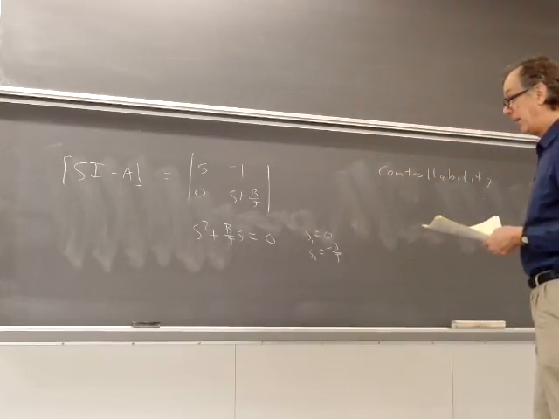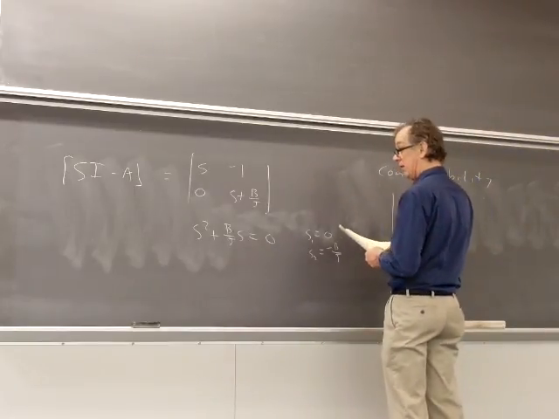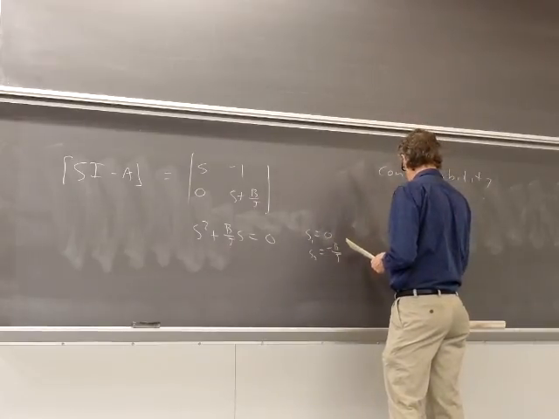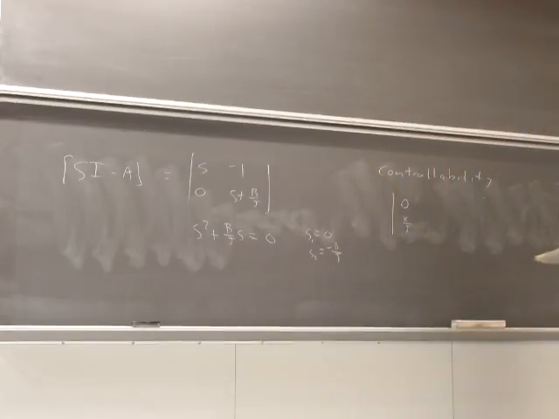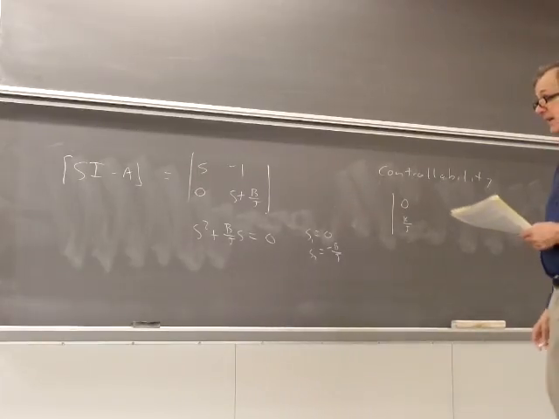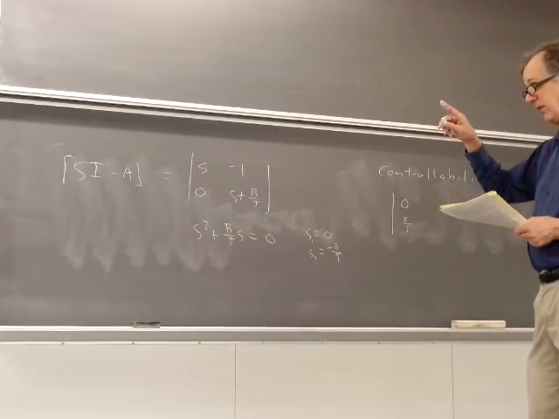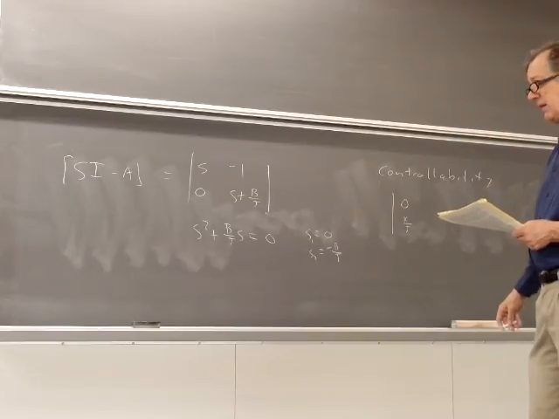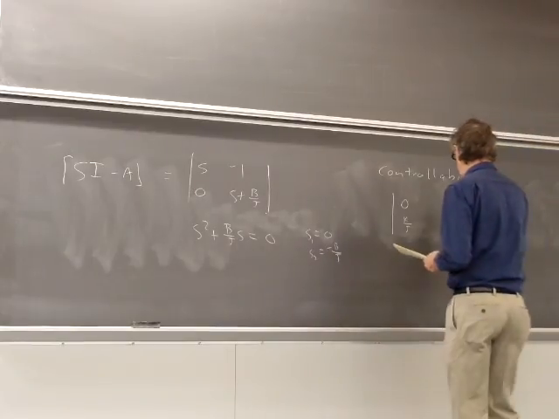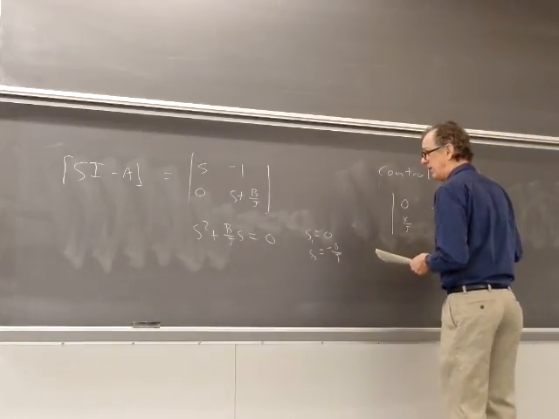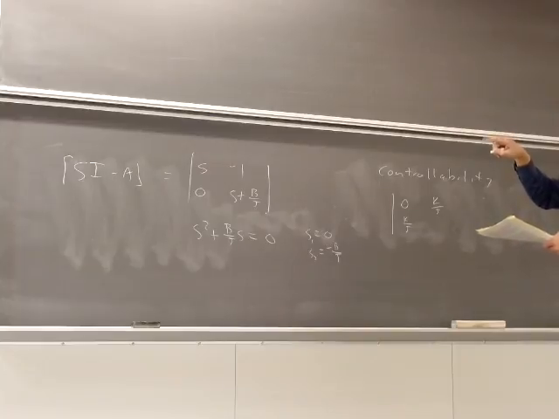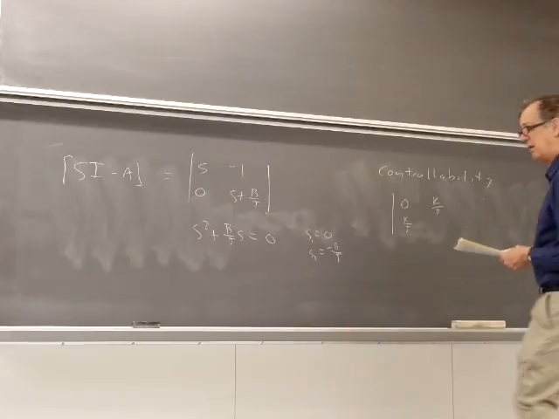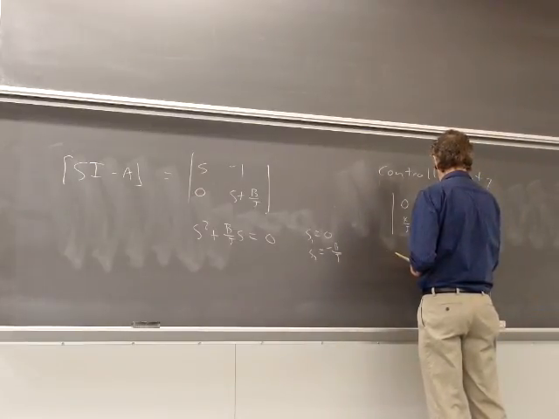It's going to be the B matrix, which is 0, K, let's just call it K over J. Okay, next one: A times B, which is K over J, and minus BK over J squared.